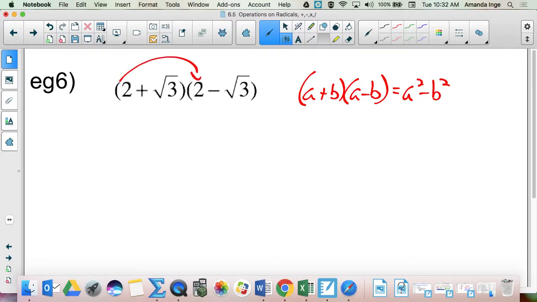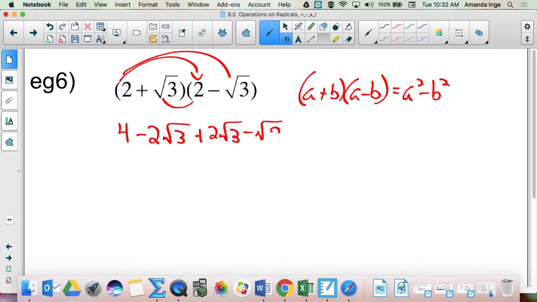We know that 2 times 2 is 4, minus 2 square roots of 3, plus 2 square roots of 3, minus the square root of 9. So we get 4 minus 3, or 1. But you really should understand that 2 conjugates always give you the difference of 2 squares.